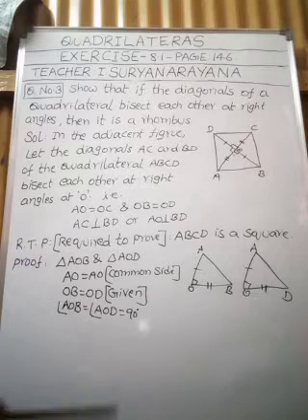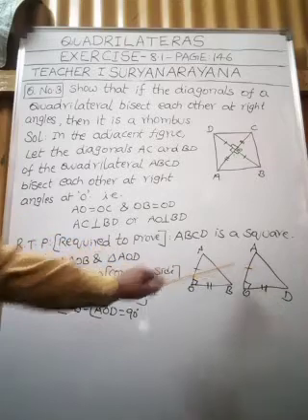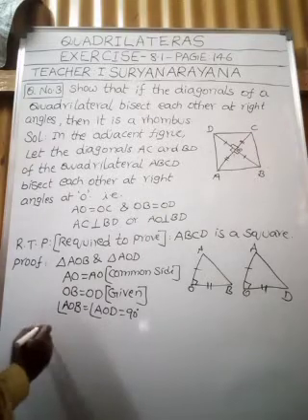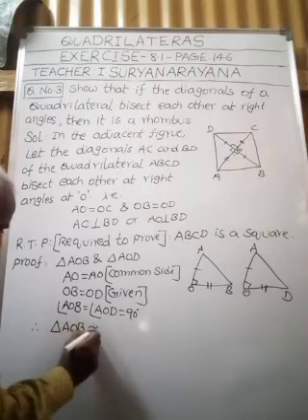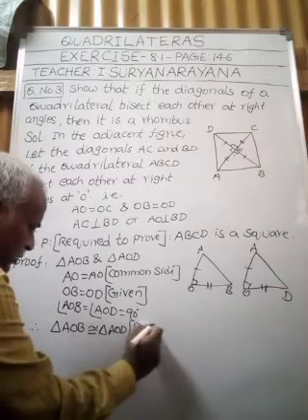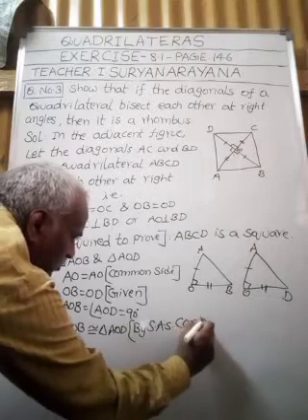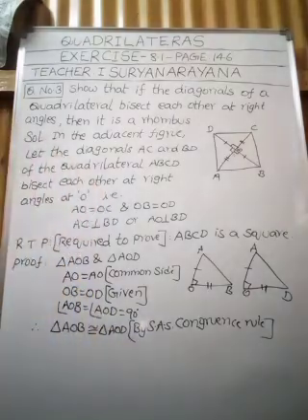So, by which congruence rule are these two triangles said to be congruent triangles? Yes, isn't it, my children? Therefore, triangle AOB is congruent to triangle AOD by SAS congruence rule. By SAS congruence rule, these two triangles are congruent.